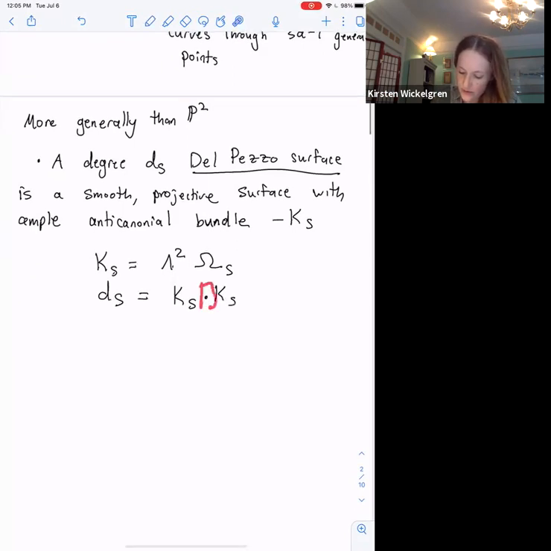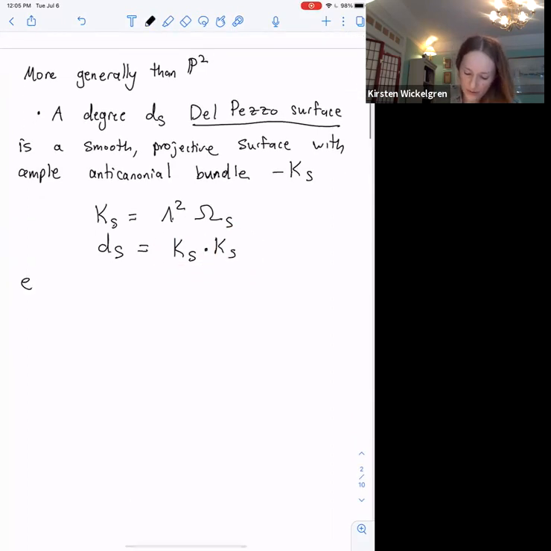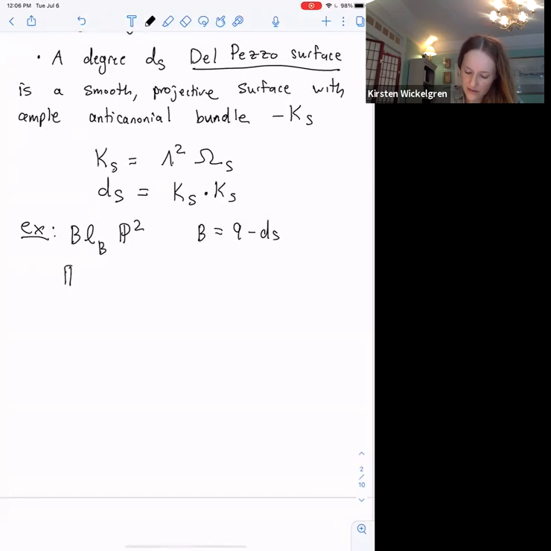So here's the intersection form on a surface. If we blow up 9 minus the degree points on P2, we get one. And then over non-algebraically closed fields, there are many more than these. There's also P1 cross P1, cubic surfaces. And you can twist these to get interesting connected components of real points, for example.